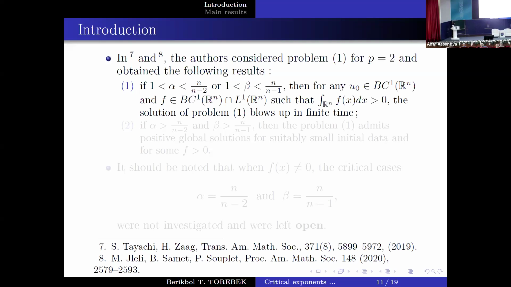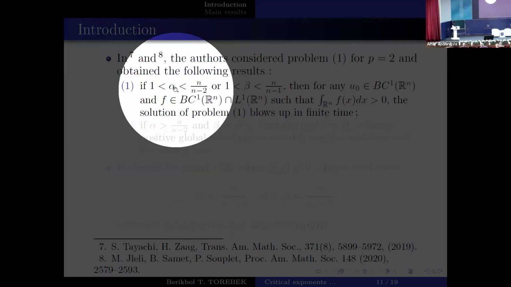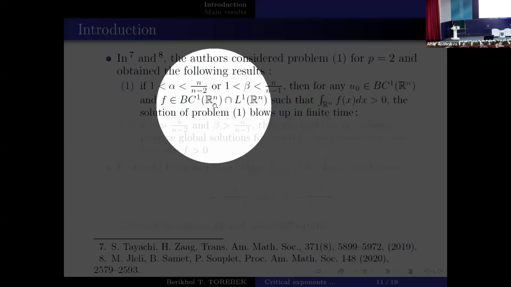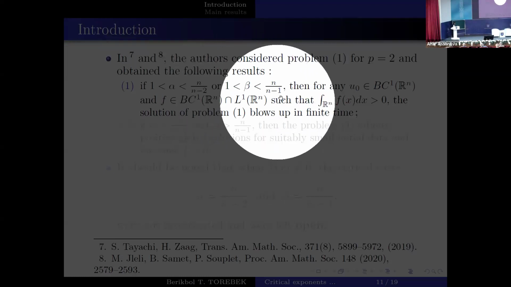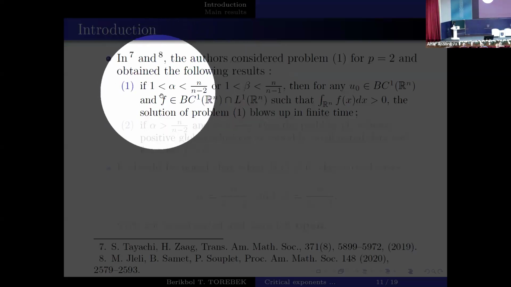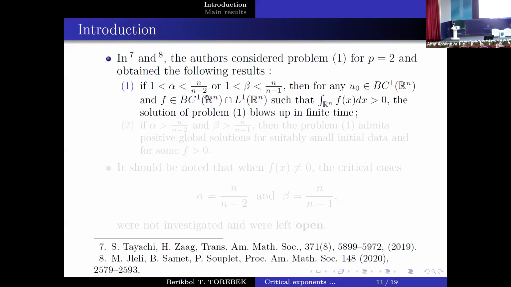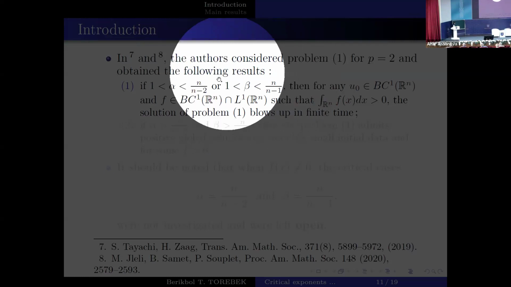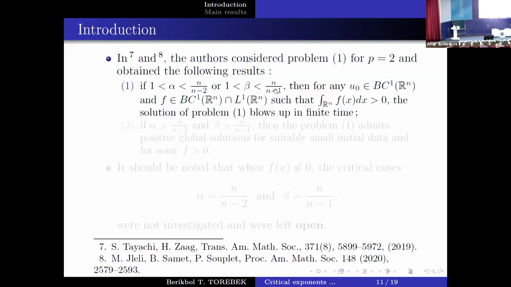And in this second paper, they proved that if α is in this range, 1 and n divided by n minus 2, or β satisfies this property. First case, if α is between these numbers, then β will be any positive number greater than 1. And also in the second one, if β satisfies this property, α will be any positive number greater than 1.